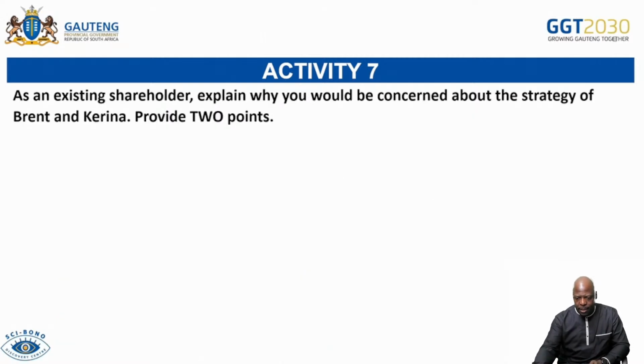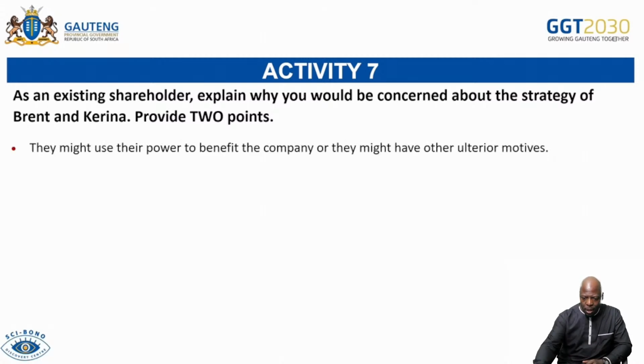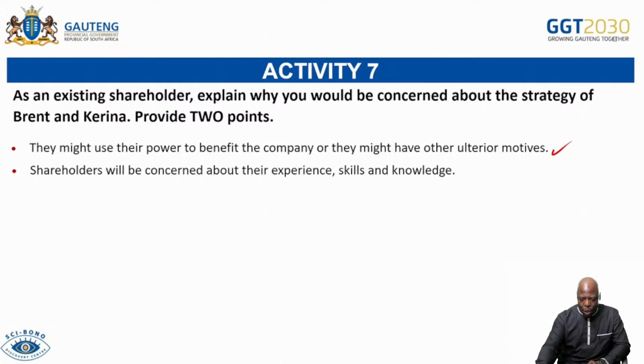As an existing shareholder, explain why you would be concerned about the strategy of Brent and Karina. Why would you be concerned about them combining their votes to end up having the majority of votes? They might use their power to benefit the company, or they might have other ulterior motives. Number 2, shareholders will be concerned about their experience, skills, and knowledge.